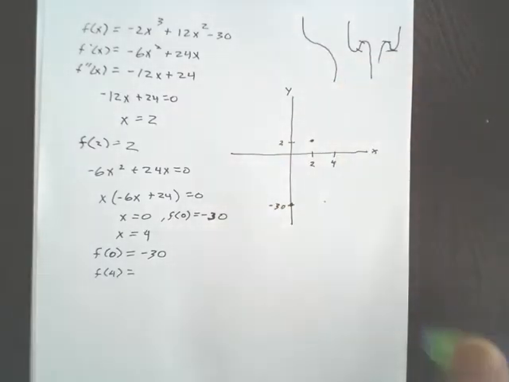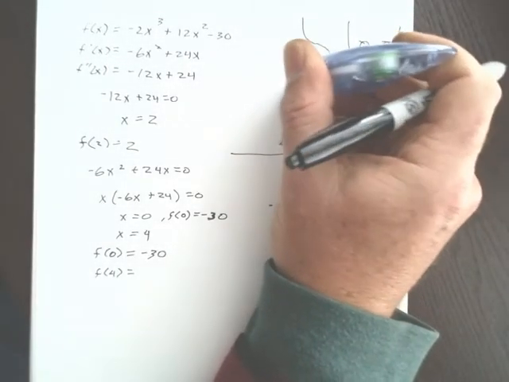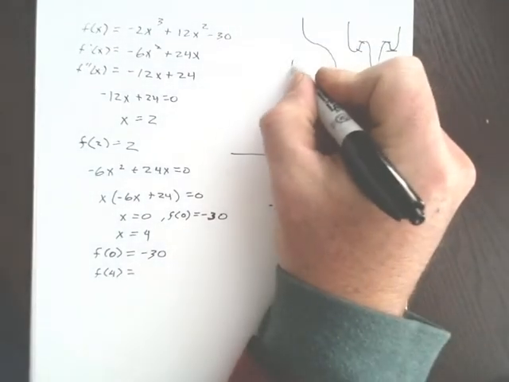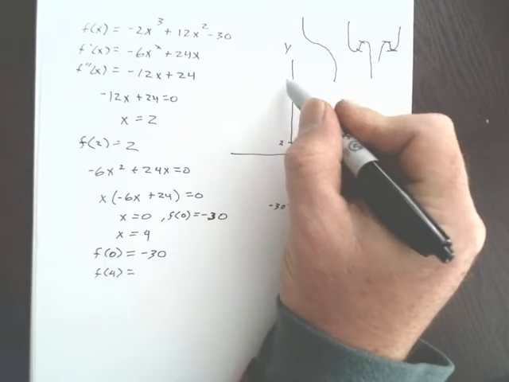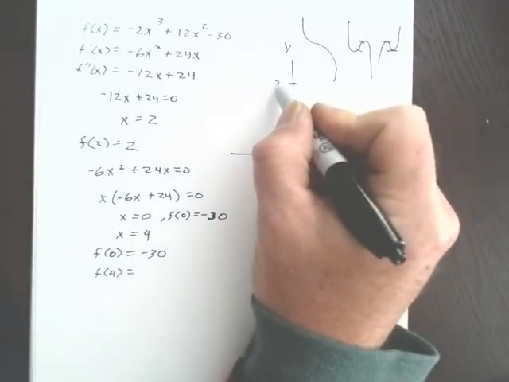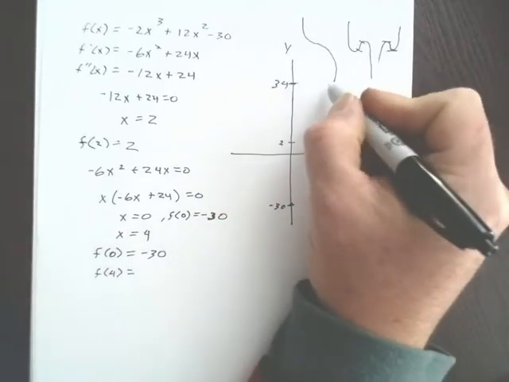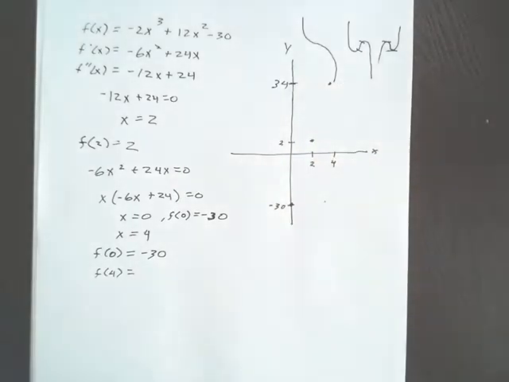So up here, you can extend this a little bit, somewhere at 34 and x equal to 4, we're going to have our other critical point.